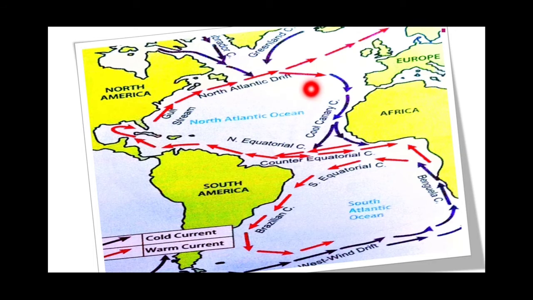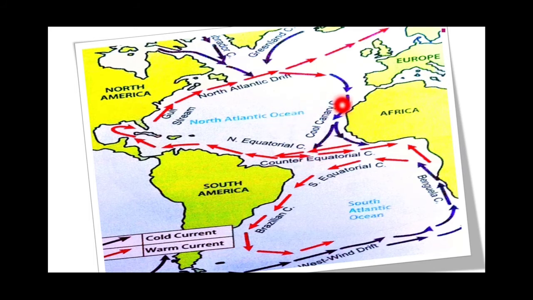One goes eastward to Britain, the Great Britain, one moves northward further to Scandinavia and the Arctic, and one moves southward as the cold Canary current. So students, it proceeds towards Britain, and as we move north towards Scandinavia and then further to the Arctic region, and towards the south, it becomes the cold Canary current.